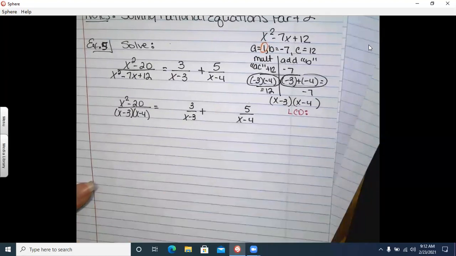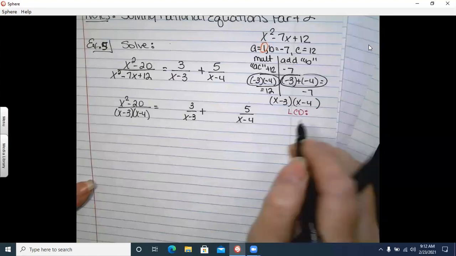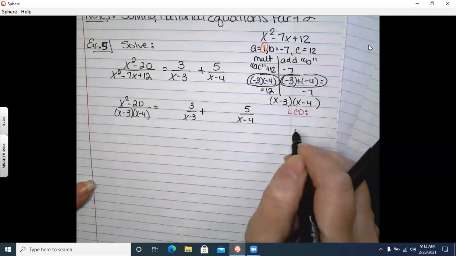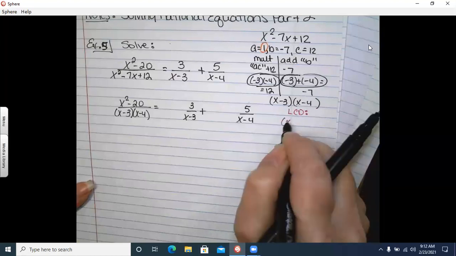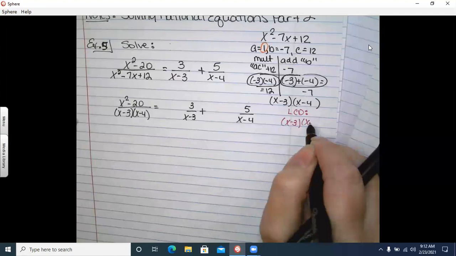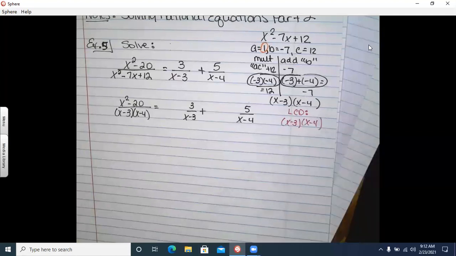Somebody give me one factor of the LCD. Just x. Is there an x by itself all alone? X minus 3. It's a binomial, that whole thing, right? Give me another one. X minus 4. Do I have another one? No, I need one of each factor.